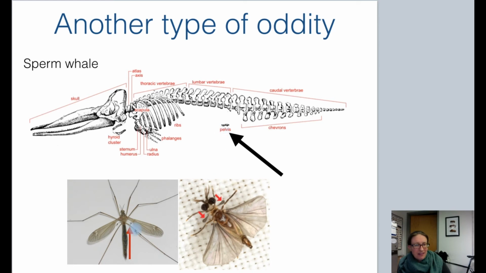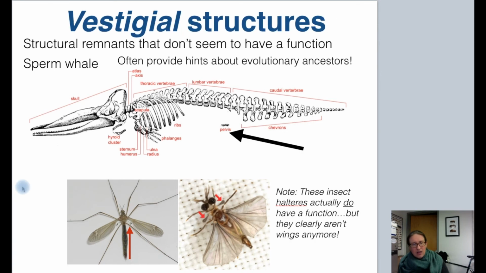There's a similar thing in some groups of flying organisms, where they have these little dangly structures that look like maybe they were wings once upon a time, but they don't seem all that functional for much of anything. These are examples of what are referred to as vestigial structures.